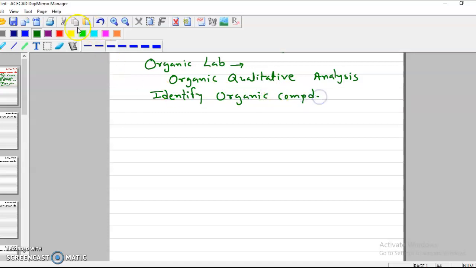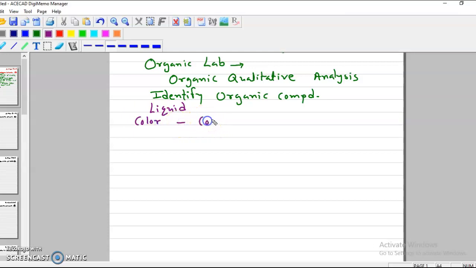Suppose you are given an organic liquid. The very first test is color.